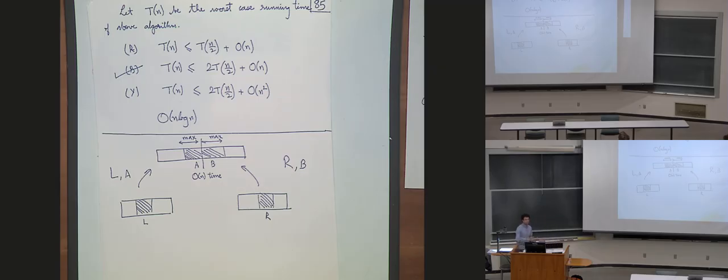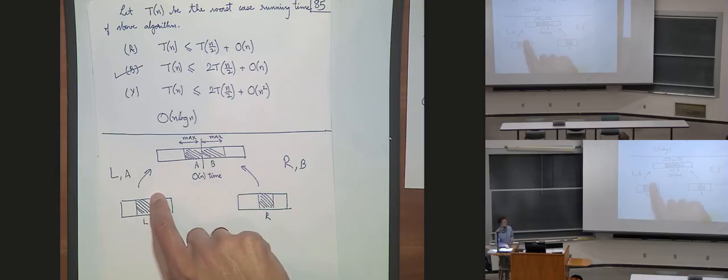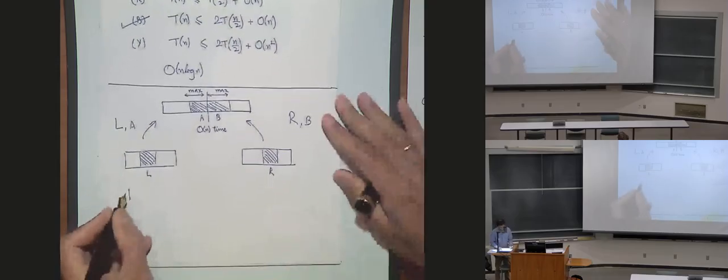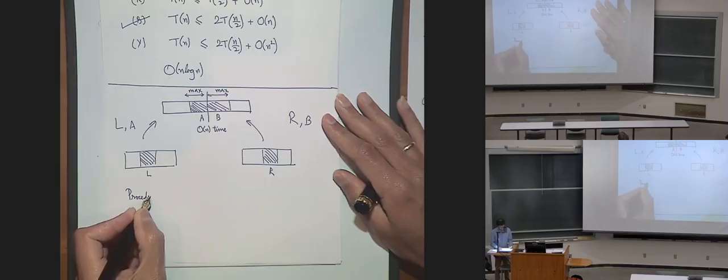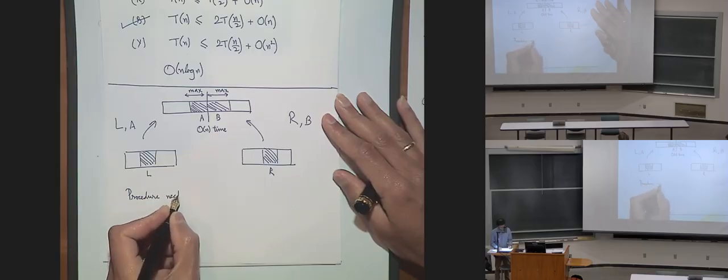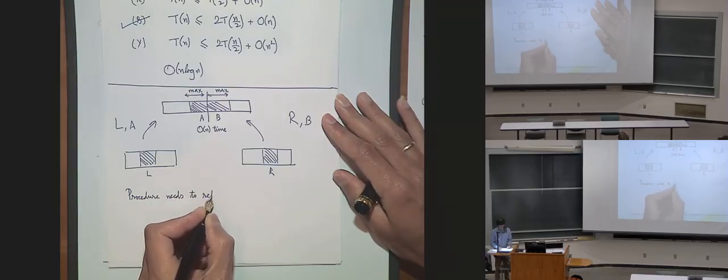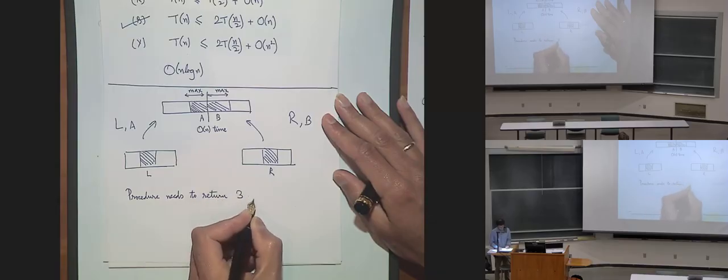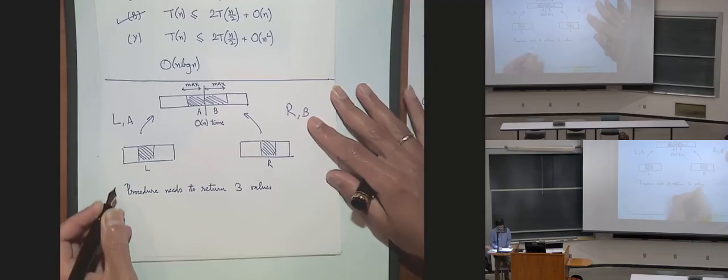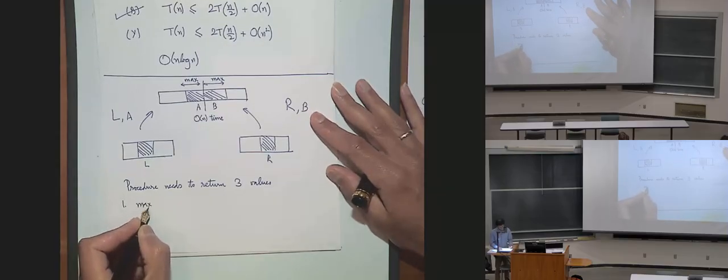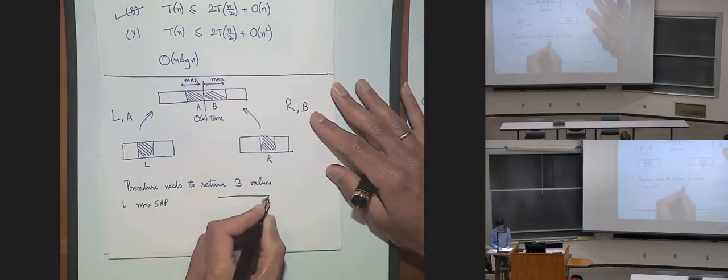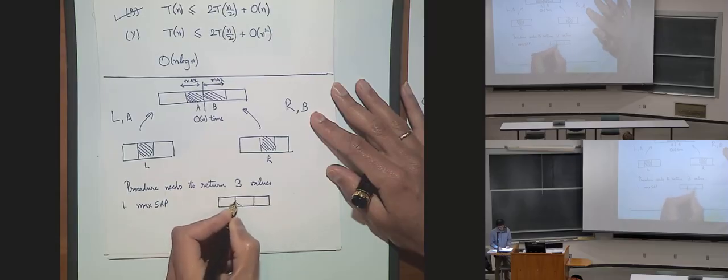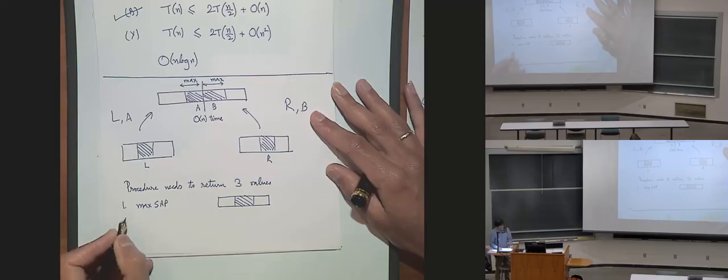Does this make sense? So I say that this procedure has to return 3 values. First, it has to return the max subarray just as before.